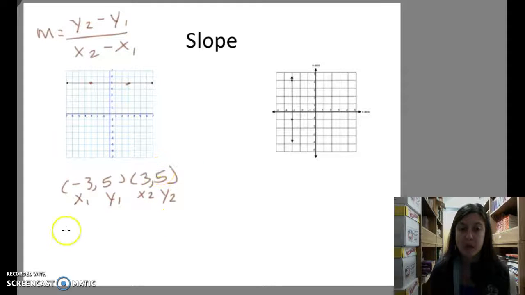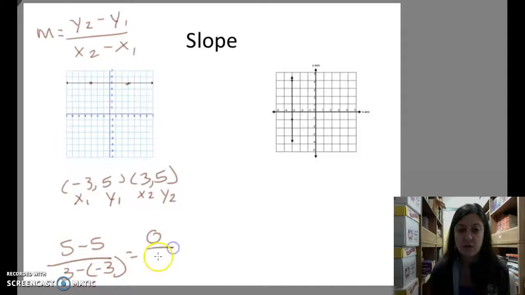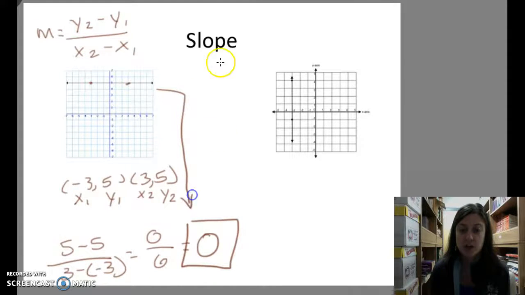Okay. 5 minus 5 over 3 minus negative 3. Well, that becomes 0 over 6, which is 0. So a horizontal line, straight across line, horizontal line has a slope of 0. Is always 0.